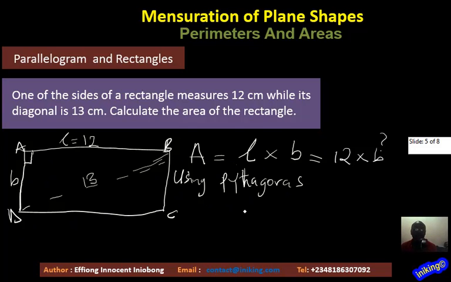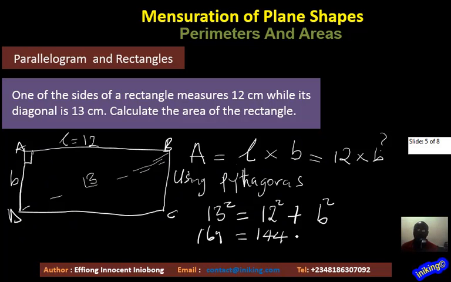So using Pythagoras, the hypotenuse square, that's 13 square, is equal to the sum of the squares of the adjacent sides. This is 12 square, and then B, the unknown side. This is 169, and here I have 144 plus B square. Of course, we play around a bit here.